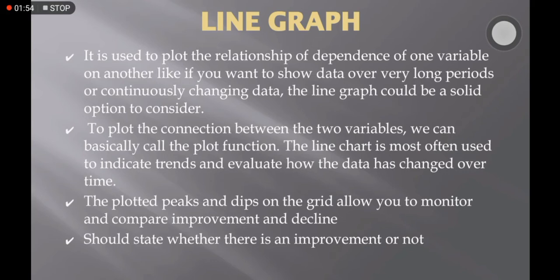The line chart is most often used to indicate trends and evaluate how the data has changed over time. The plotted peaks and dips on the grid allow you to monitor and compare improvement and decline. You should state whether there is an improvement or not after an examination of the whole line graph.